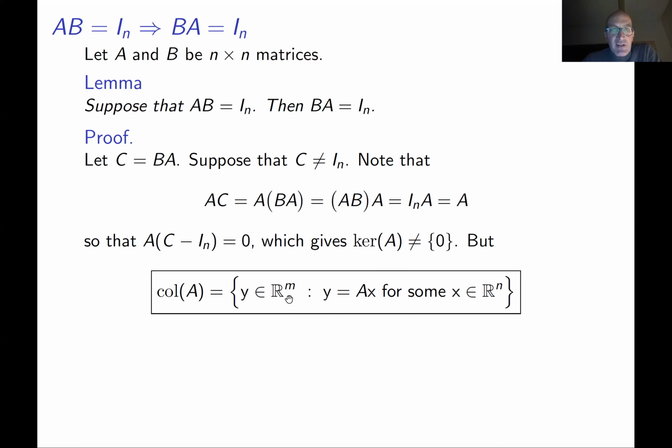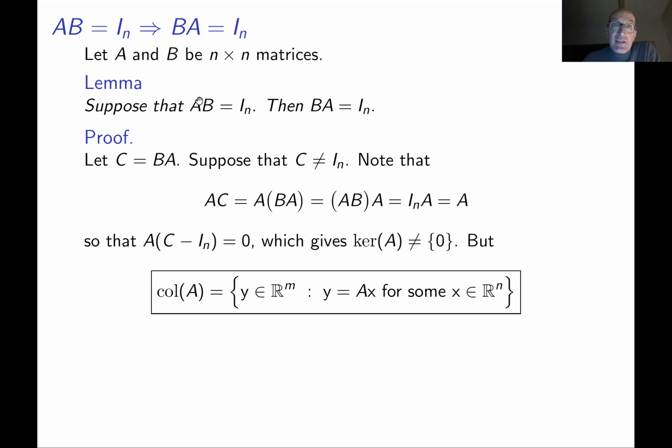But look, we have this condition AB equals identity. So if instead of x here, you substitute the first column of matrix B, what do you get? You get A times this column, which is the first column of the identity matrix. The first column of the identity matrix is the vector (1, 0, 0, ..., 0), which we usually call e1, the first vector in the standard basis of R^n, of n-dimensional space.